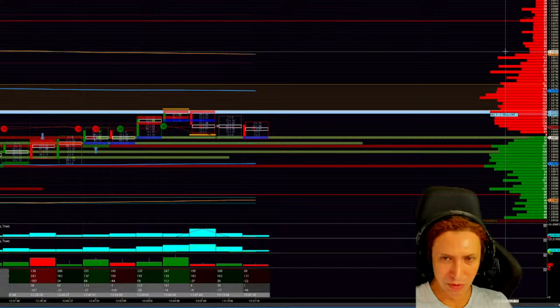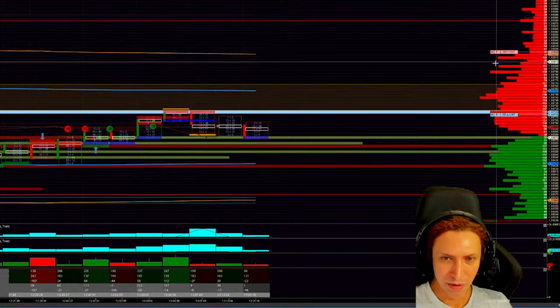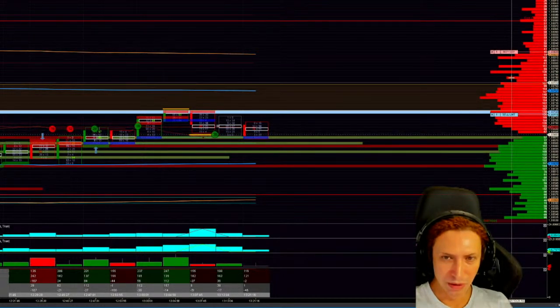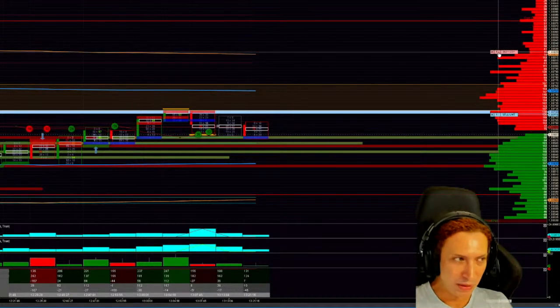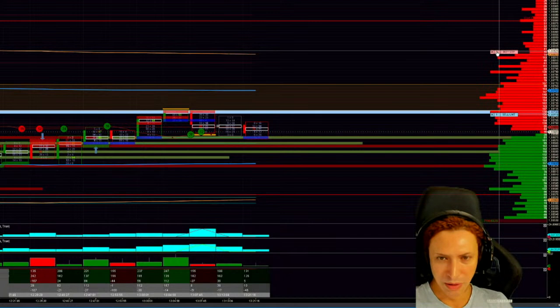So I would prefer to put my stop loss in here. So instead I'm going to put a buy order right here in case everything goes the wrong way. I will be exiting my order here.